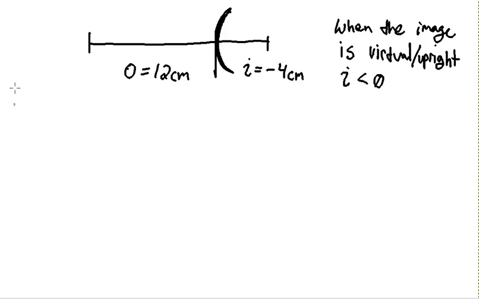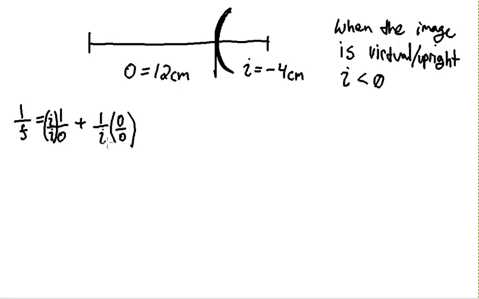Now, we're dealing with the same equation as last time. The focal length, which is what we're solving for, is going to be equal to 1 divided by the object distance plus the image distance. So we need to do some manipulation here. Now I want to solve for f, but first let's change this into one fraction. We're going to multiply by I over I, which is really just 1. Multiply by O over O over here, which is 1.